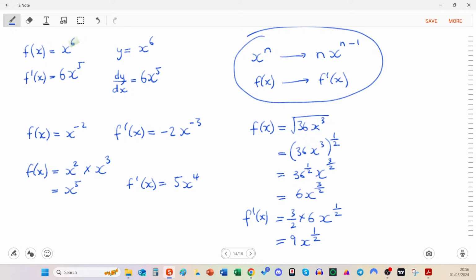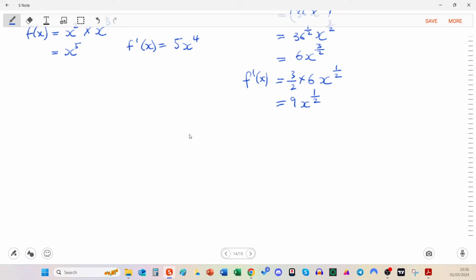I don't know how much more you want me to keep going on these. What about differentiating polynomials, I guess? So we've done 1. So what if the function instead was 4x squared, I don't know, take away 3x plus 5.